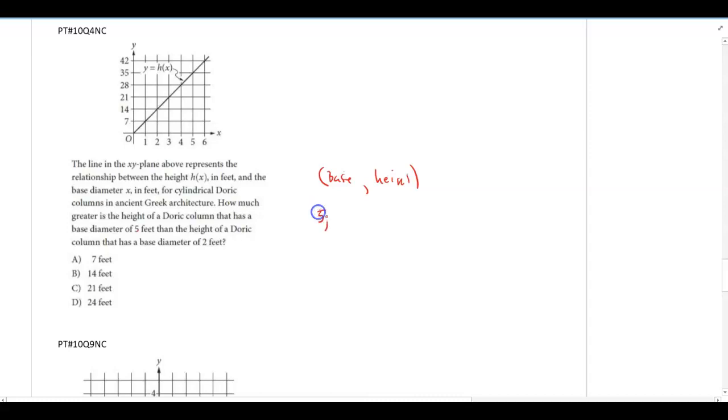So a base diameter of 5 had a height of 35, and a base diameter of 2 had a height of 14. Well, 35 minus 14 would give you 21 feet.